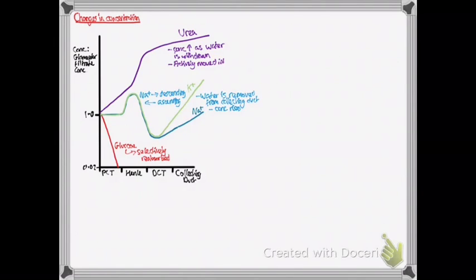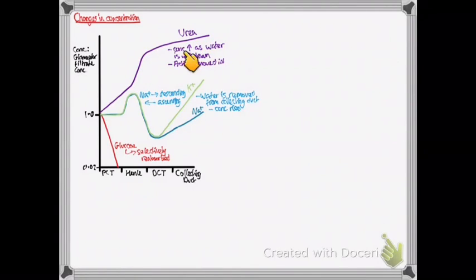Okay, so let's finally look at urea, and urea is our purple line, and the main reason for the increase in urea concentration is because water is being reabsorbed. So as water is reabsorbed in our proximal convoluted tubule, water moves out of the descending loop of Henle.